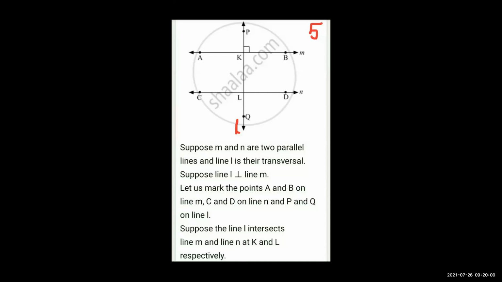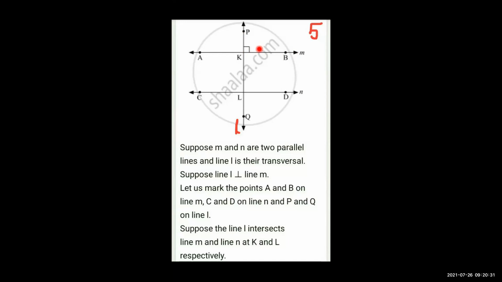Line M and line N are parallel to each other, and line L is perpendicular to the first line, that is line M. Here you can see angle PKB is marked 90 degrees.